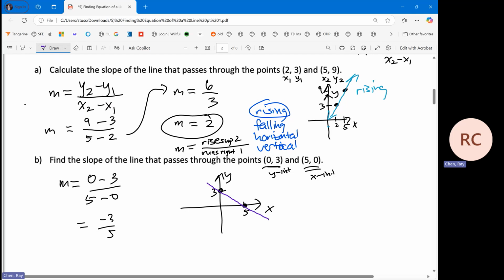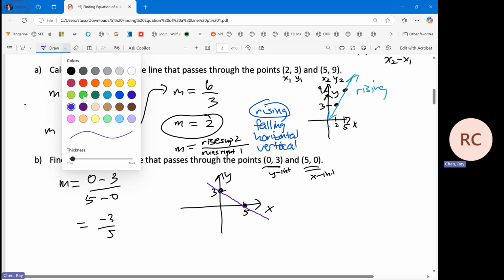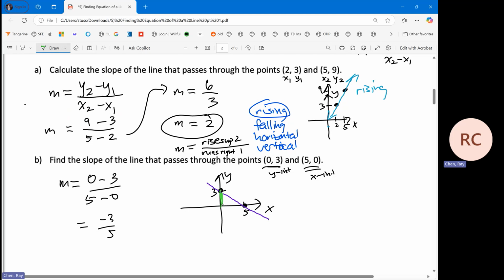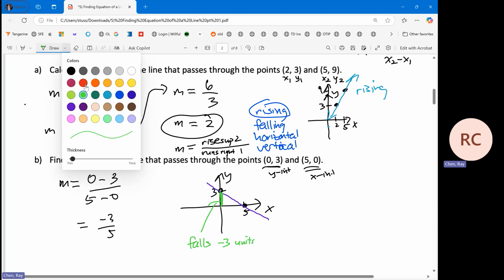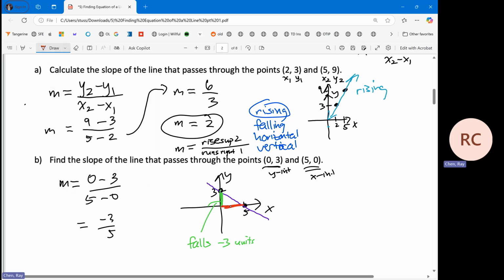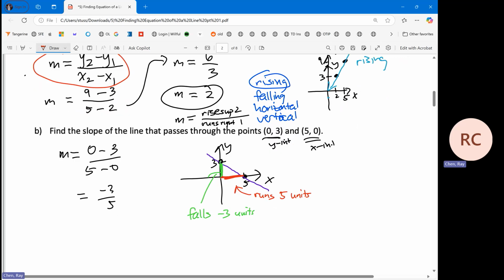We have a falling line. And to help everyone out understand this, notice it falls 3. And it runs 5 units. Some students would rather actually solve this visually rather than using the slope formula. Let's keep on going.